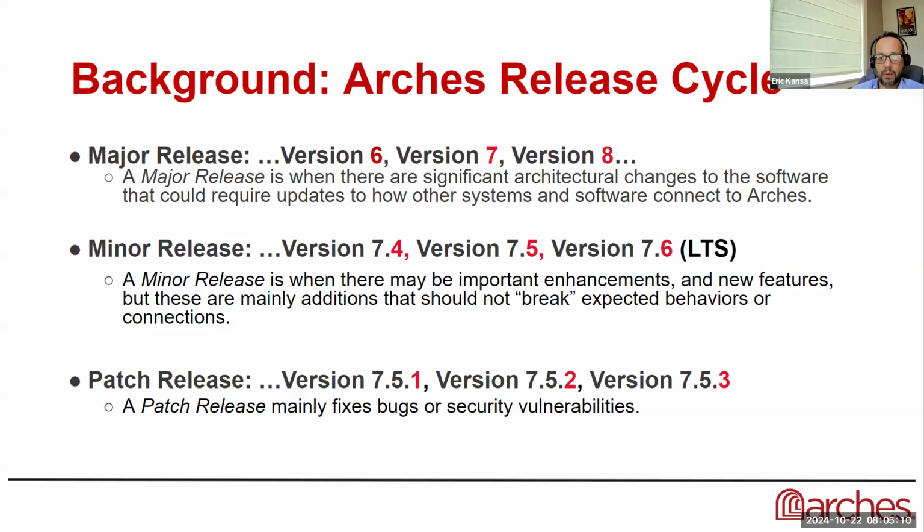So major releases is when there's really significant architectural changes to the software, and those changes can involve some really significant updates in how Arches functions both internally and how Arches connects with other systems and other software that you may be using in conjunction with Arches. So major releases are really signposts for indicating really big, significant changes.